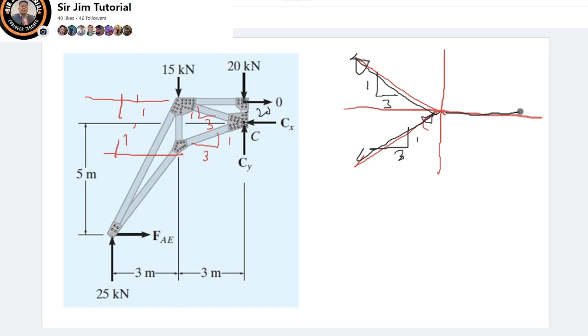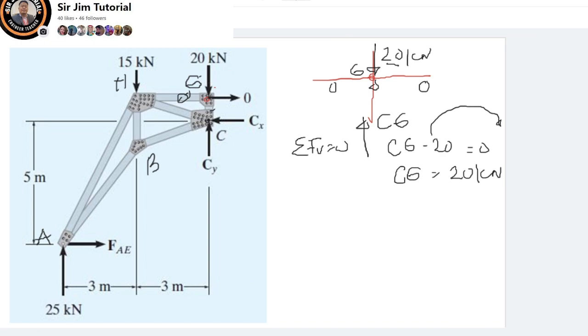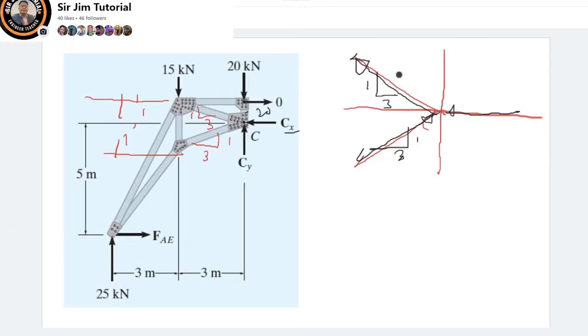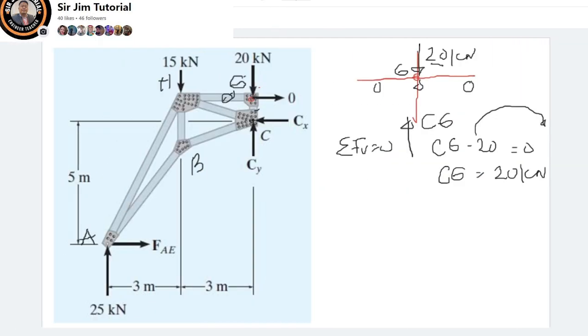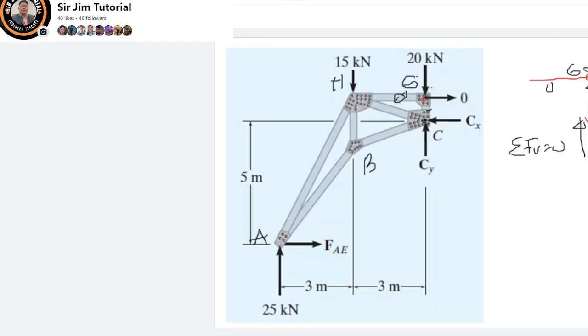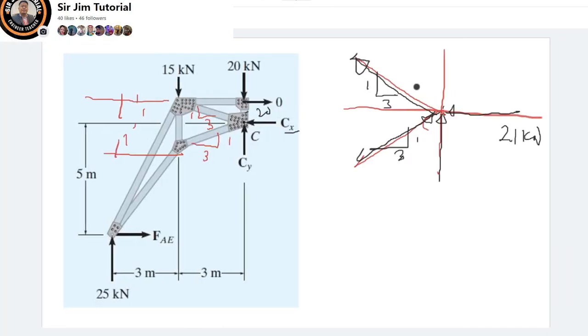This is 21, which we already calculated earlier, the CX. It's already 21. I'll write it here, 21 kilonewton. And then you also have your CY, which we calculated to be 10. And in the last slide, we know that this is also 20.